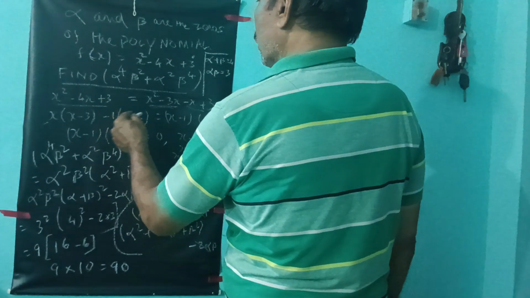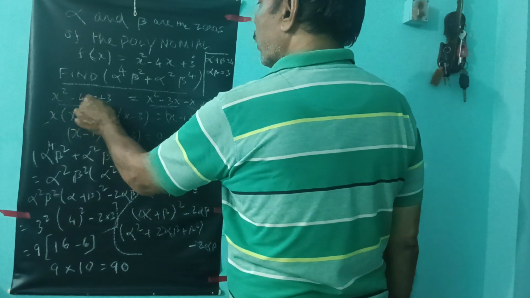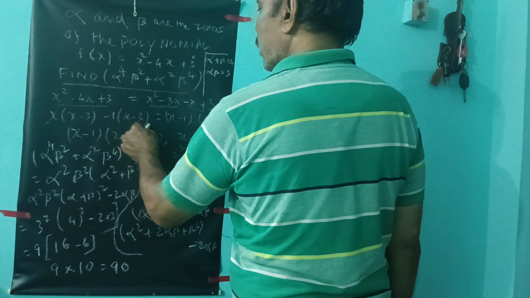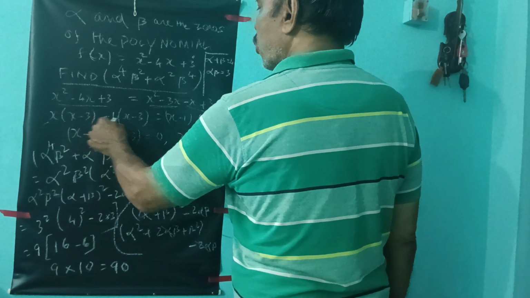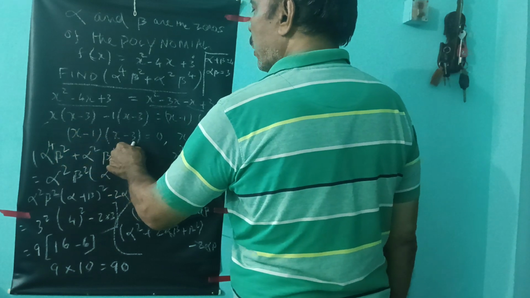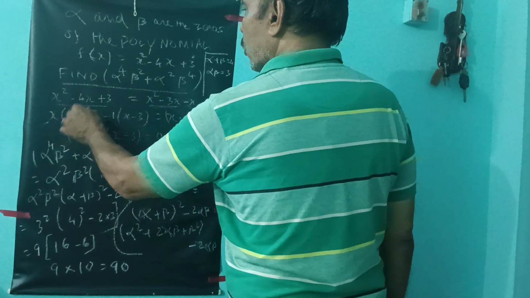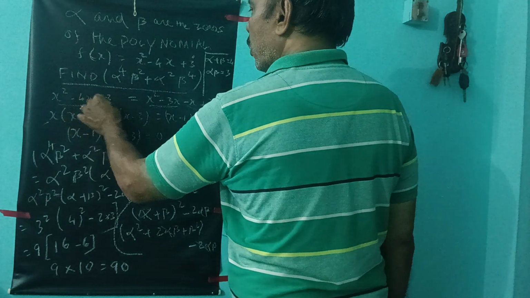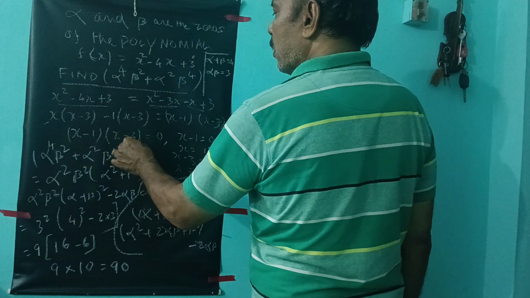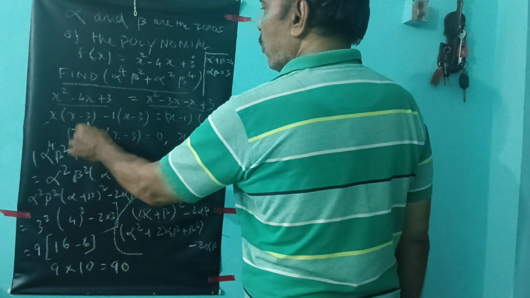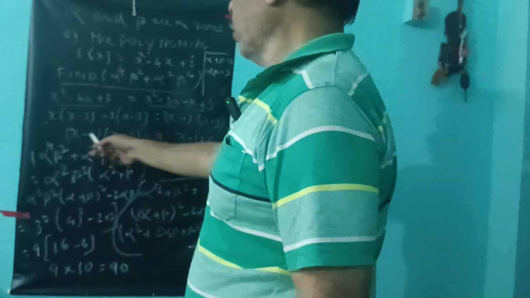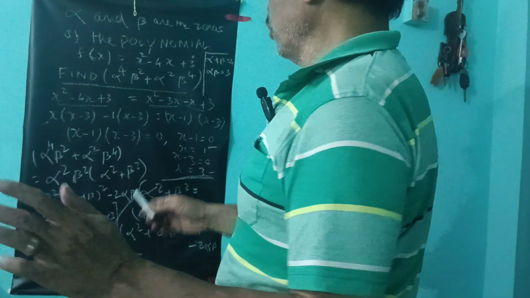So x squared minus 4x plus 3 becomes x into x minus 3 minus 1 into x minus 3. Since x minus 3 is common, you can write x minus 1 into x minus 3 equal to 0. This is the factorization of this equation. Now, see, we have to find the zeros first.